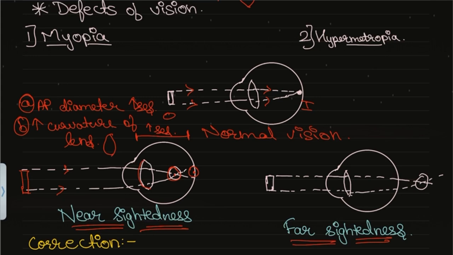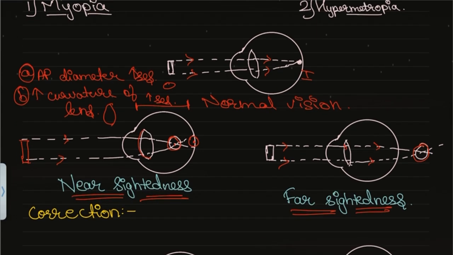If we keep an apple in our hand, light rays will be emitted from that object. They will pass through our lens, but after the lens converges the light rays, the image will be formed behind the retina instead of on the retina. So again, we will not be able to see the objects very clearly.